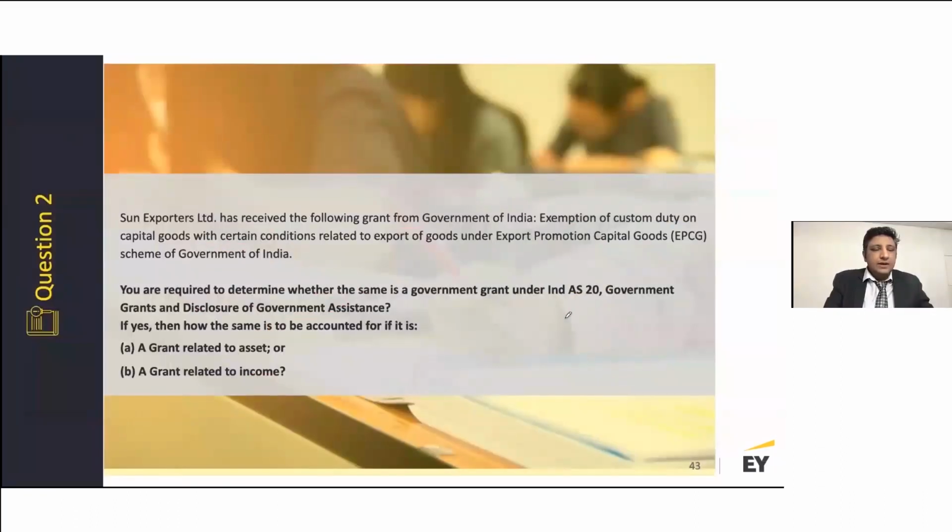All right, we are given this scenario where Sun Exporters Limited has received the following grant from the Government of India: exemption of custom duty on capital goods with certain conditions related to export of goods under the EPCG, Export Promotion Capital Goods Scheme of the Government of India. The question says you are required to determine whether the same is a government grant, which is basically whether this incentive meets the definition of a government grant. That's the first condition, right?